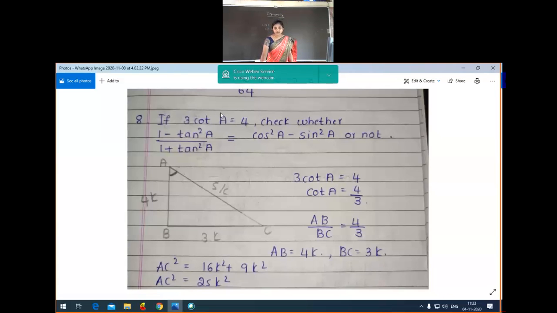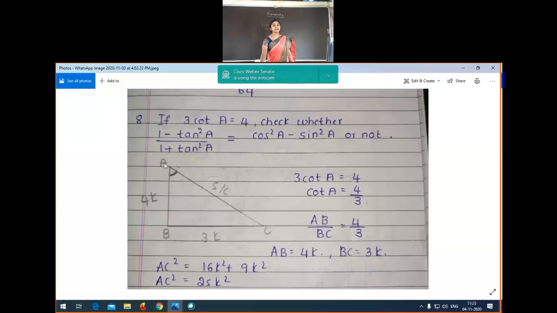So if 3 cot A is equal to 4, what is the ratio of cot A? Cot A is 4 by 3, adjacent by opposite. Here A is the marked angle. If A is the marked angle, BC is opposite, AB is adjacent. Adjacent by opposite is 4 by 3, so this is 4K, this is 3K.